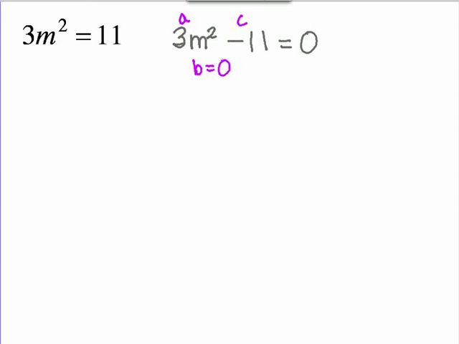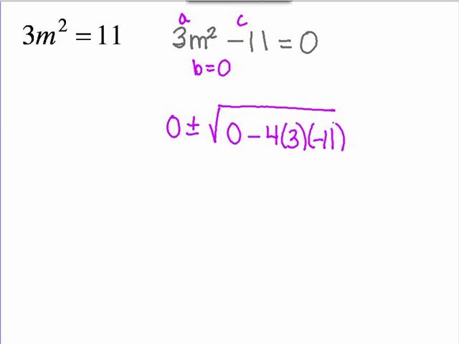So if you have negative b, that's like 0 plus or minus the square root of 0 minus 4ac, all over 6. So whenever you don't have something there, it's just a 0. If negative 11 wouldn't be there, that would be 0.